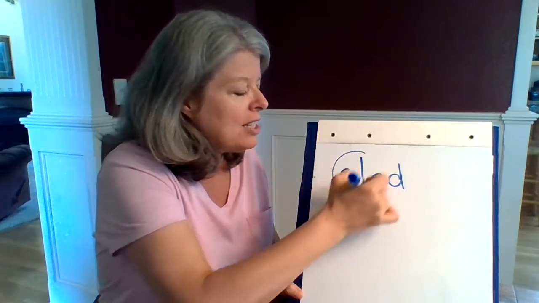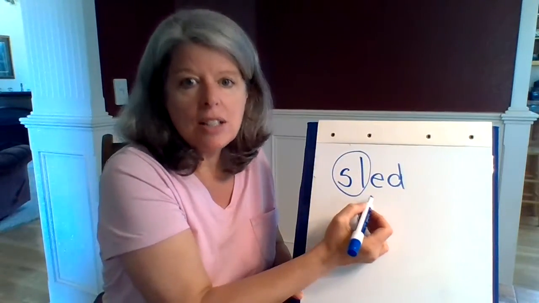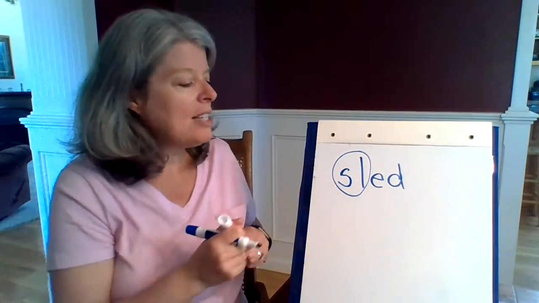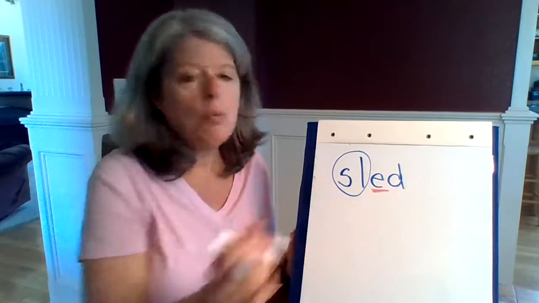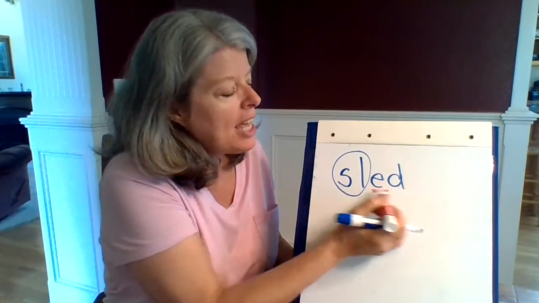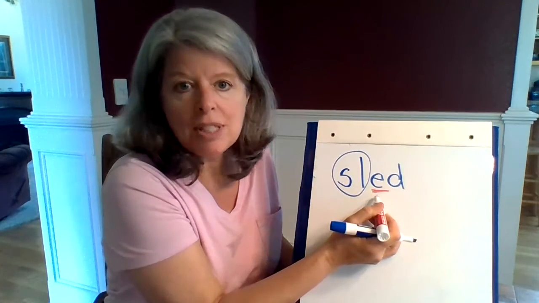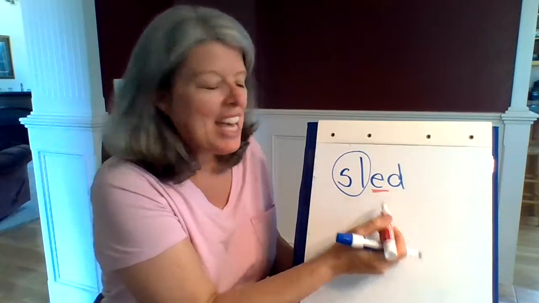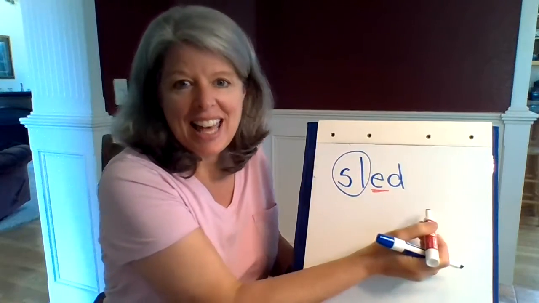S-L, those two consonants together say sl. And the vowel is E. And what sound is the E going to make in this word? We have a consonant at the end, a consonant, vowel, consonant, so E will say eh. And the word is sled.